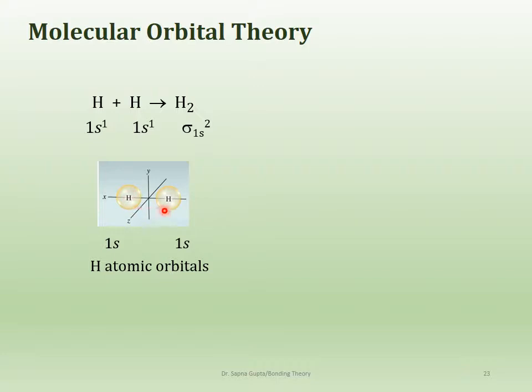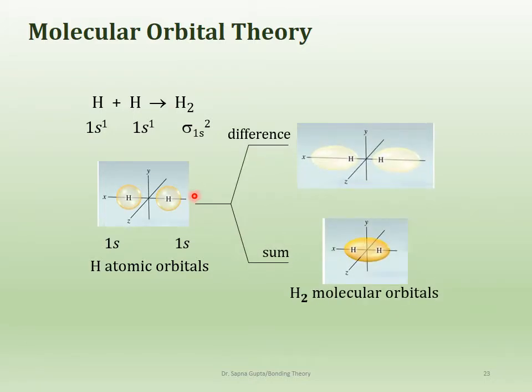Now the hydrogen atoms, they're at the same energy level, okay, and so the electrons are starting off at the same energy level. But then when you combine them, which means that when they form hydrogen, then you'll end up forming two molecular orbitals. One molecular orbital is the sum, which is lower energy, and the other molecular orbital is higher in energy, and that is formed from the subtraction of these two orbitals.